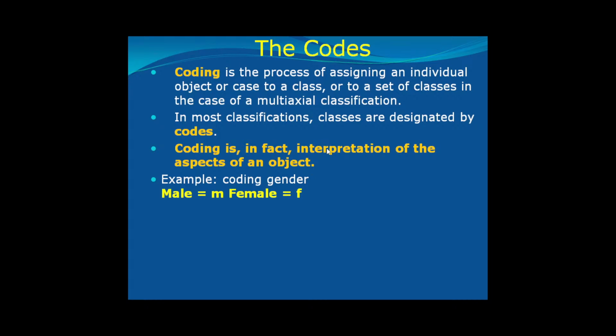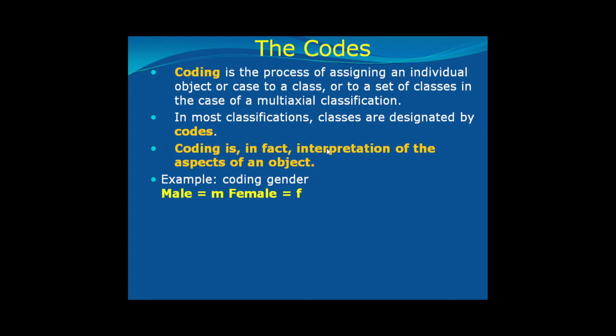Now let's talk about codes themselves. Coding is the process of assigning an individual object or case to a class, or to a set of classes in the case of multi-axial classification. In most classifications, classes are designated by codes.